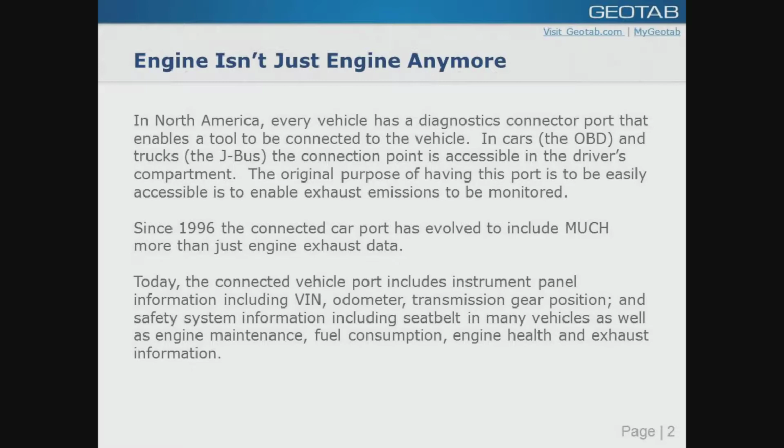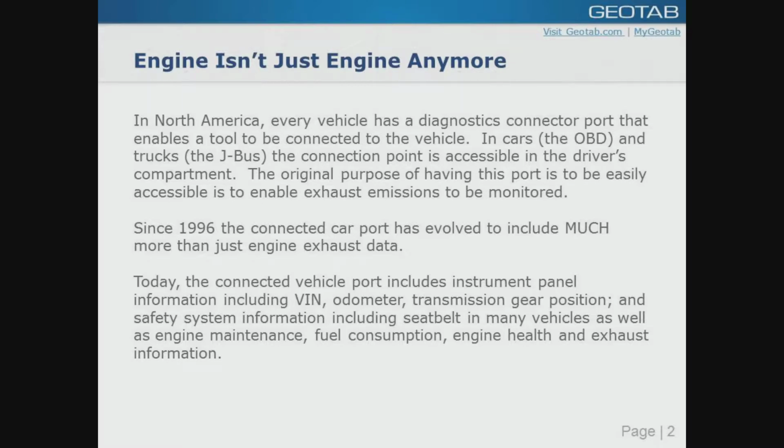In the heavy trucks, it's called a J-bus connector, and the automotive one is typically a polygon, and the J-bus one is typically a circle with a varied number of pins in there. Regardless of the type of connector that's in the vehicle, the Go device talks to it in the same way.